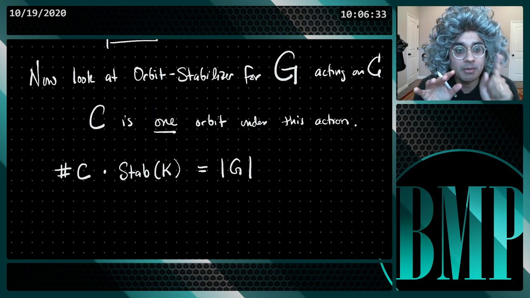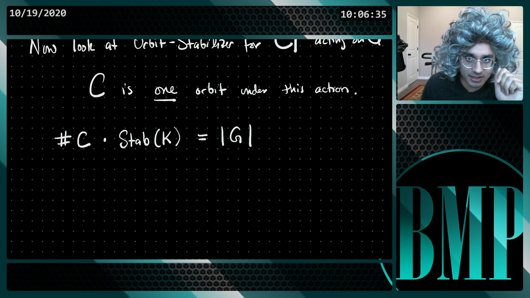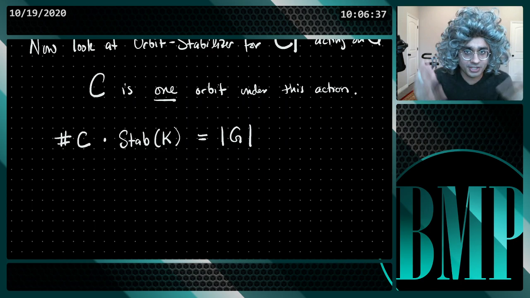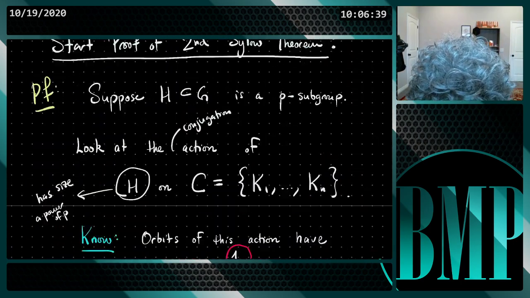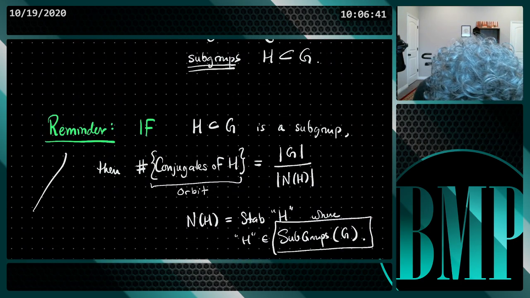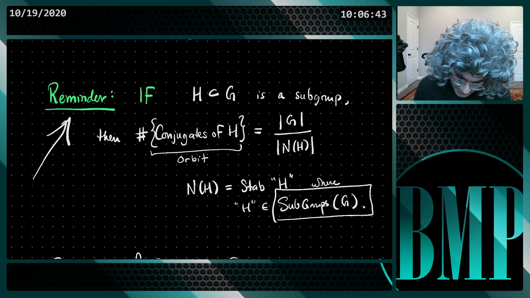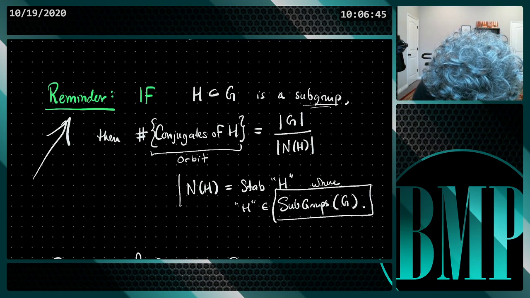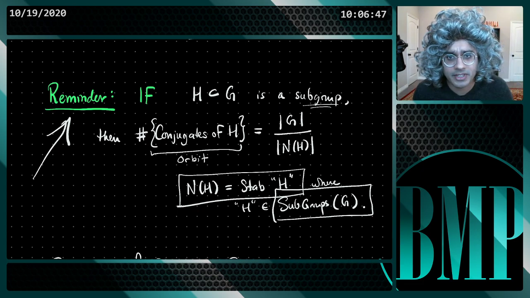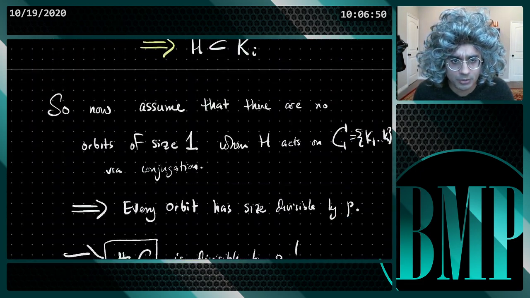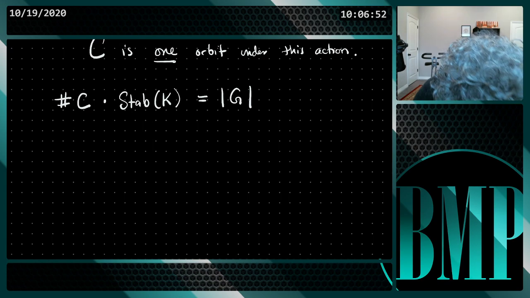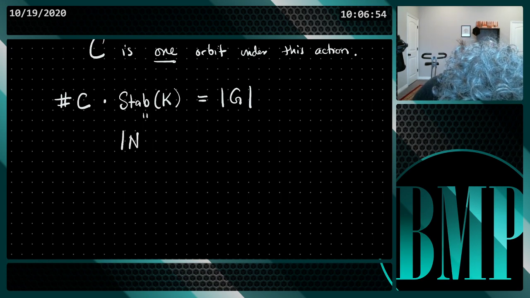Orbit stabilizer. But what is this stabilizer? Stabilizer of a subgroup under conjugation. This is a reminder: if you have a subgroup, then the stabilizer is simply the normalizer of that subgroup.